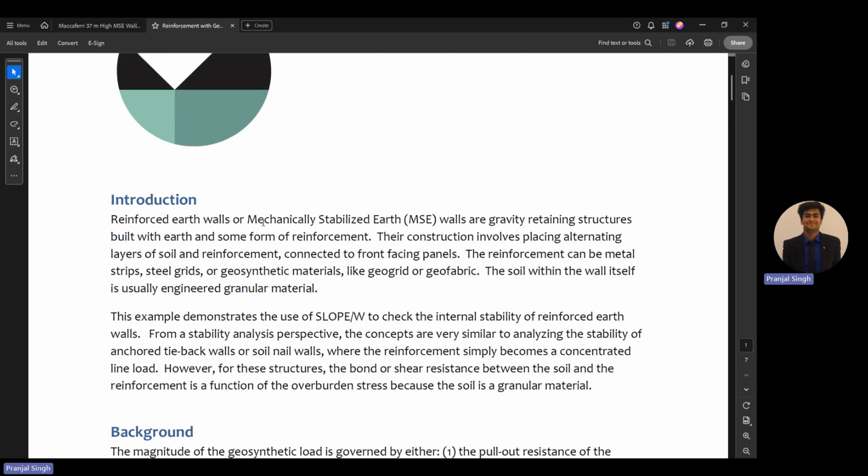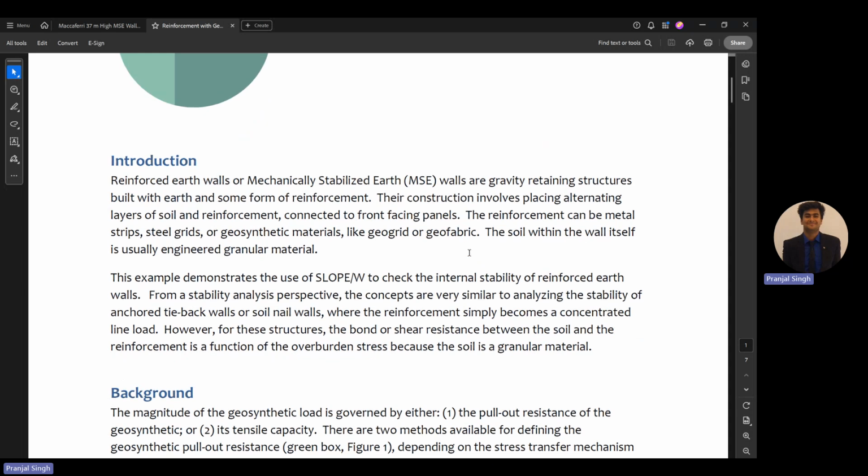So reinforced earth walls or MSE walls. The term RE walls is generally not used. It's a proprietary term. You either use mechanically stabilized earth walls or reinforced earth walls.